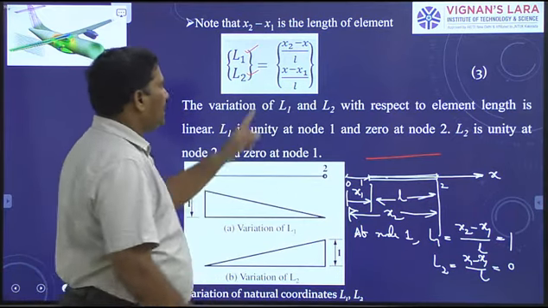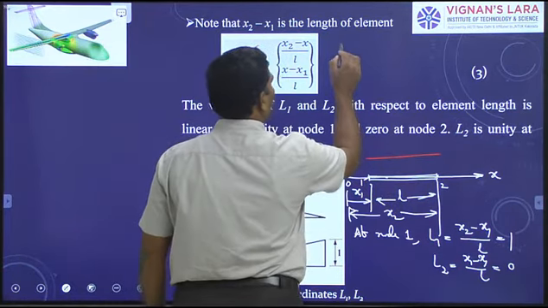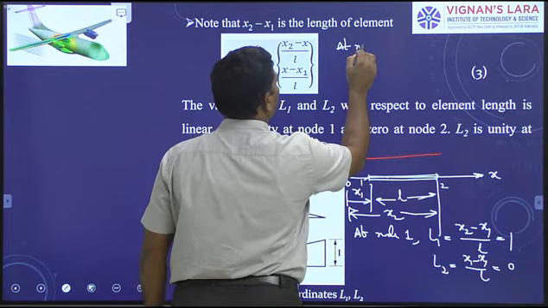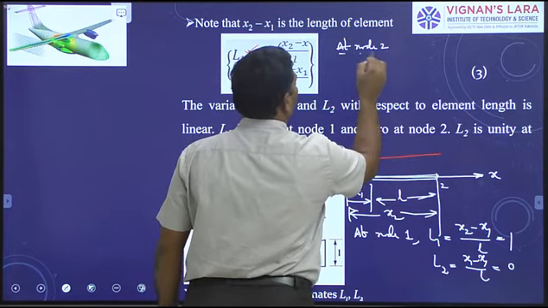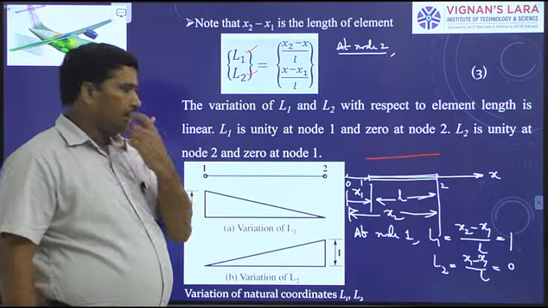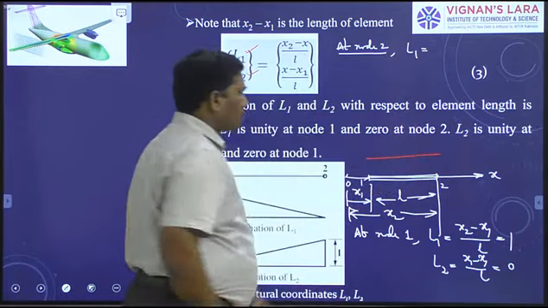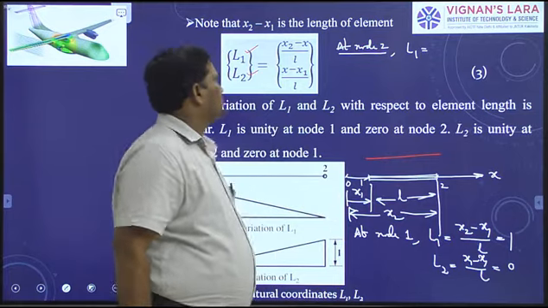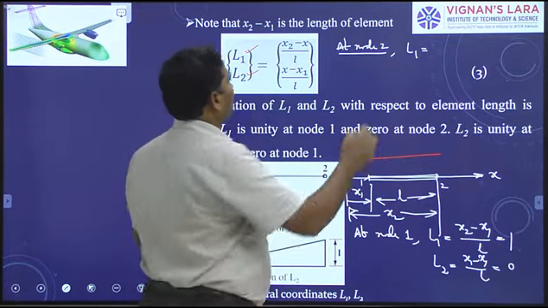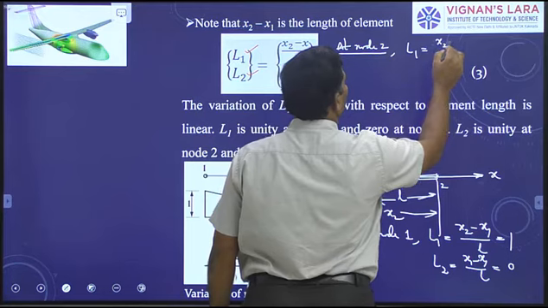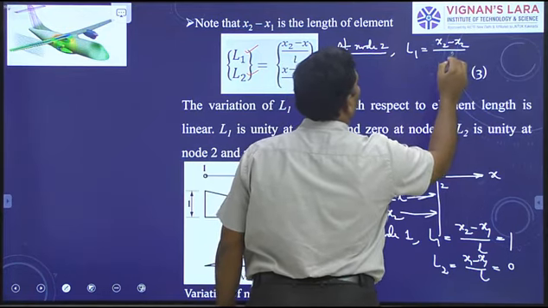Now, take node 2. At node 2, determine L1. L1 equals, at node 2, x equals x2. So x2 minus x2 divided by L is 0.